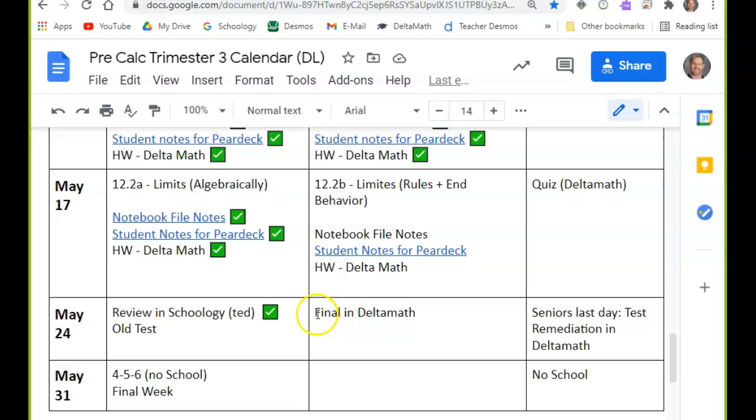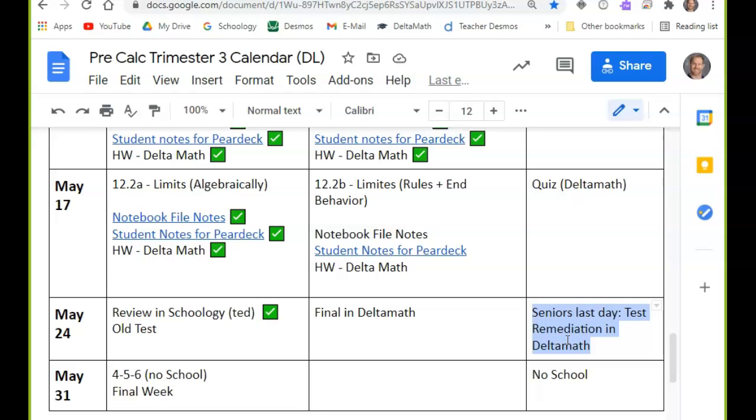The last day to turn in any late work is going to be the day of the final. And my goal, hopefully, is you get all that work in before you take the final, and then I can grade that night. And seniors, your job on Friday will be to look at your grade and see are there any errors?